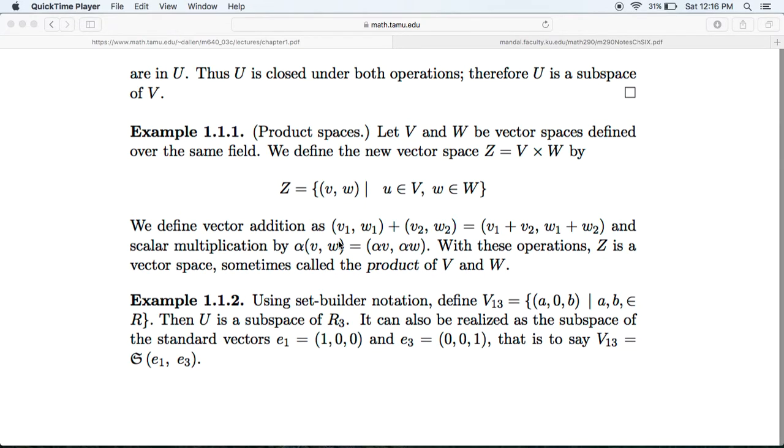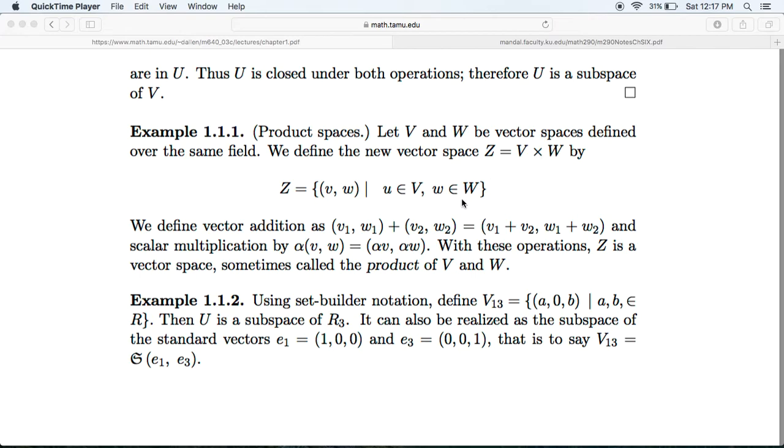Another notion is that of product spaces. If we take the Cartesian product of the underlying sets of the vector spaces and define vector addition component-wise, that is (v1, w1) plus (v2, w2) is (v1 plus v2, w1 plus w2), and scalar multiplication also component-wise, a times (v, w) is (a v, a w), then with these two operations the Cartesian product Z, which is V cross W, becomes a vector space, as we can easily check.